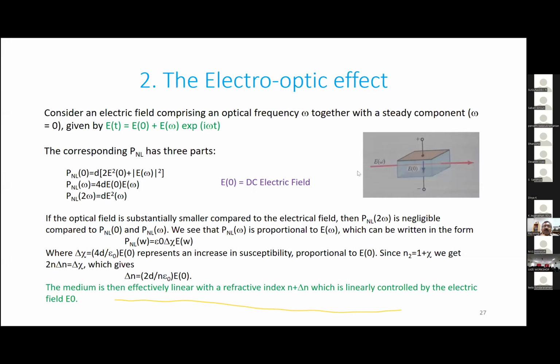We start with the refractive index n for the medium, but now the medium has a refractive index of n plus delta n, which is linearly controlled by the electric field E naught. In other words, as you apply larger and larger voltages to this crystal, the refractive index changes, and that happens because of the second order nonlinear optical effect. Now let's see where we use this.